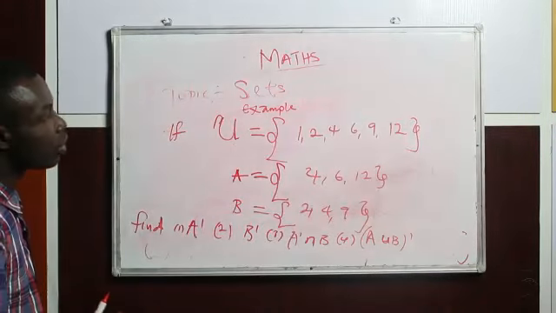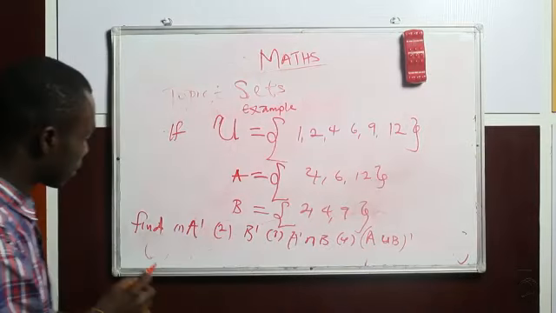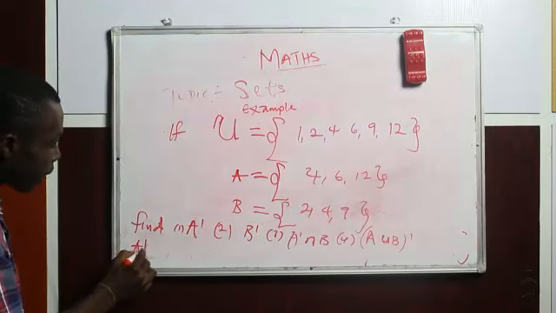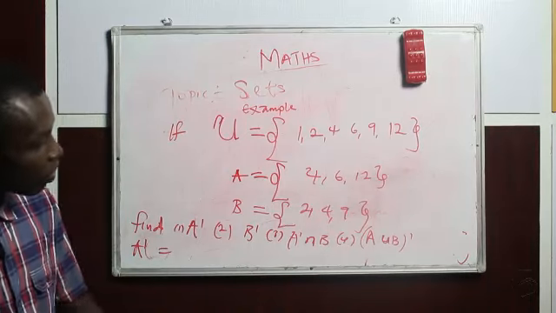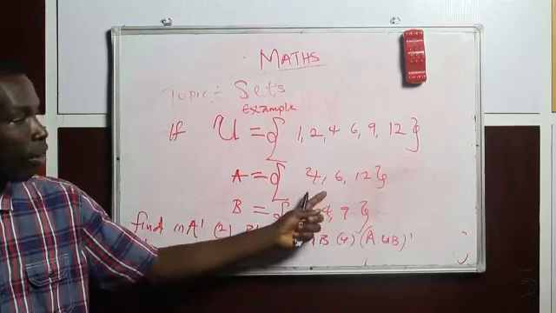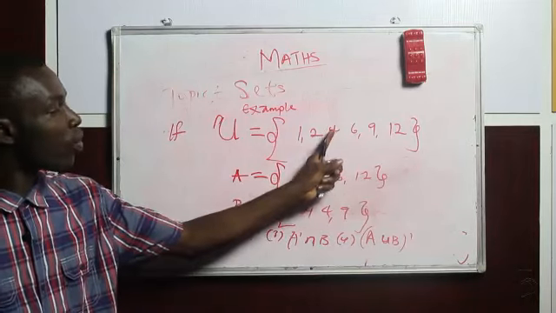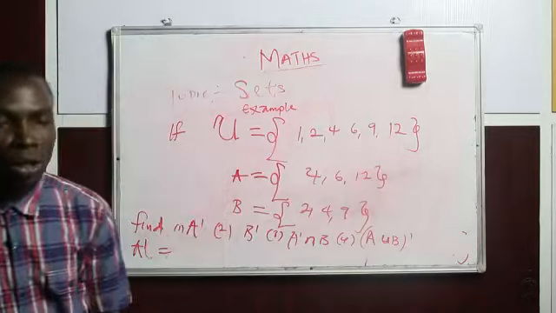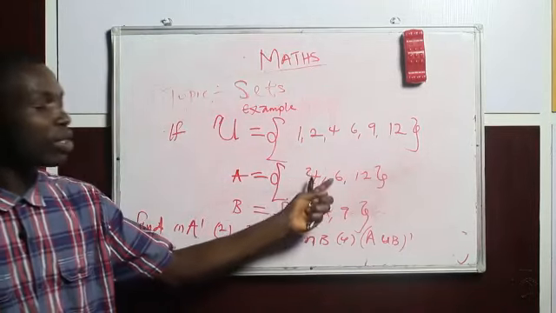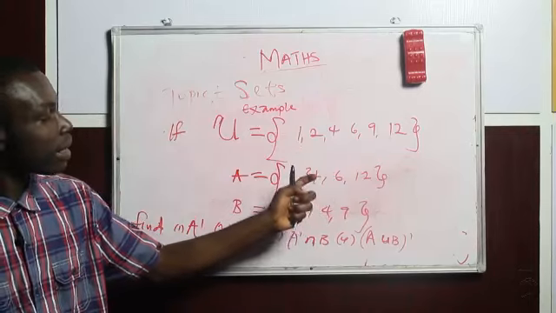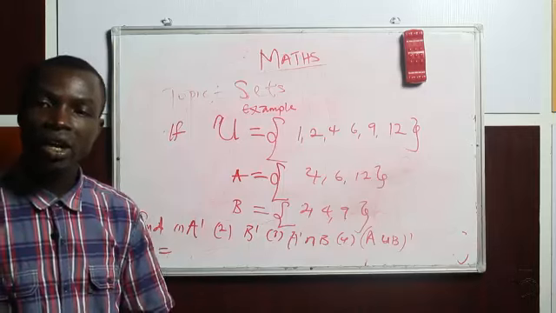Solution to this question. A complement means that this number we have, 4, 6, 12, we are going to look for the other numbers that are not in A, because they say A complement. What is the element that is not in A? That's the meaning of A complement.